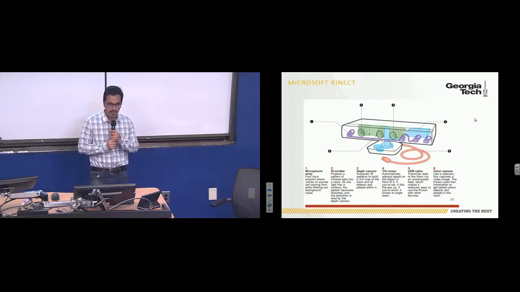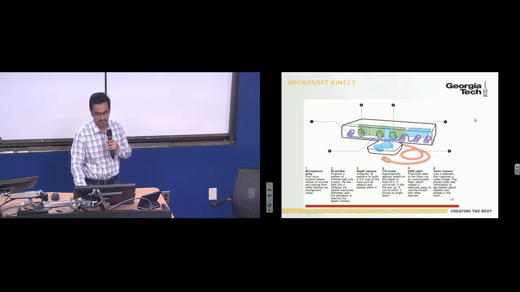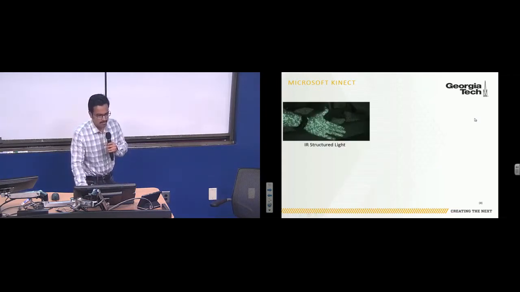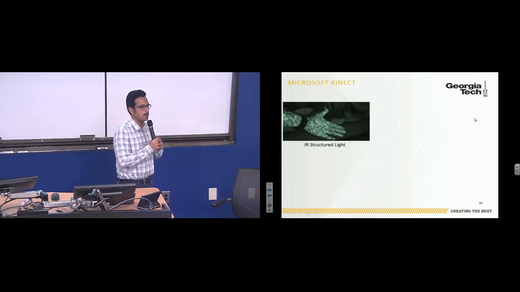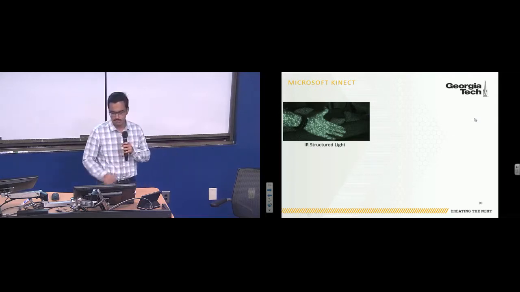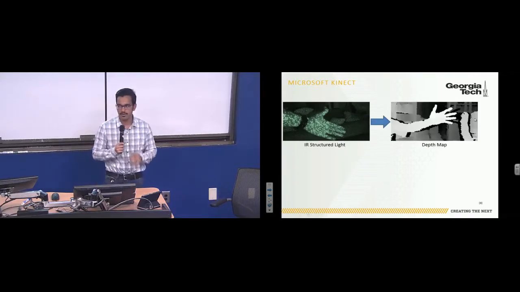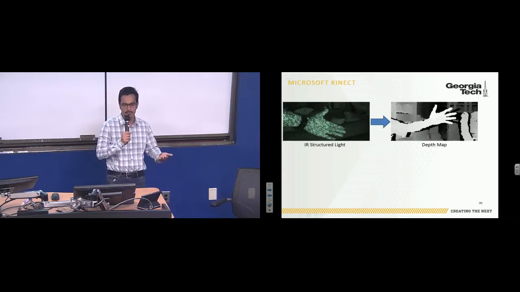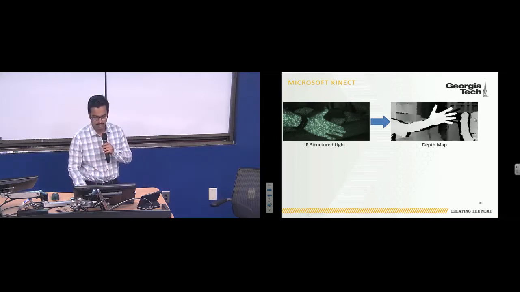Now I'm going to talk about marker-less motion tracking, and specifically the Microsoft Kinect. So the Kinect uses structured light, so it projects a known pattern of IR dots onto the view space of the camera, which is picked up by another camera, and using stereo triangulation, it comes up with a depth map like we've seen from the previous slides.